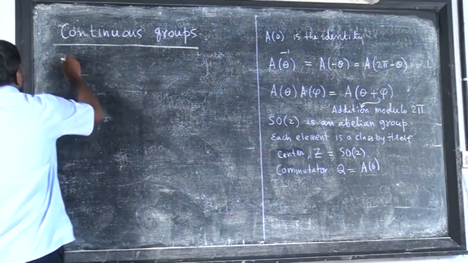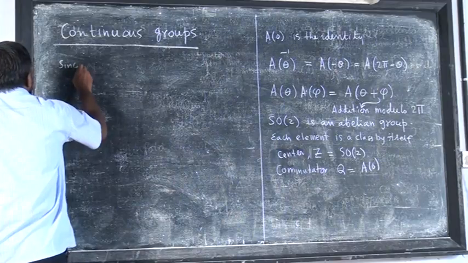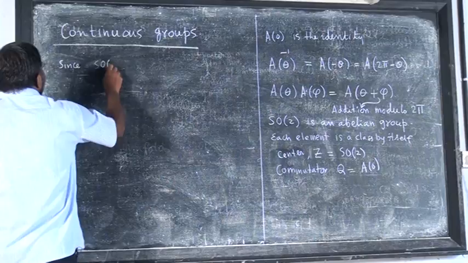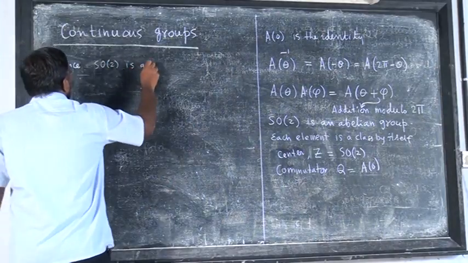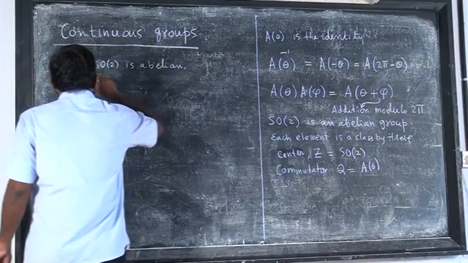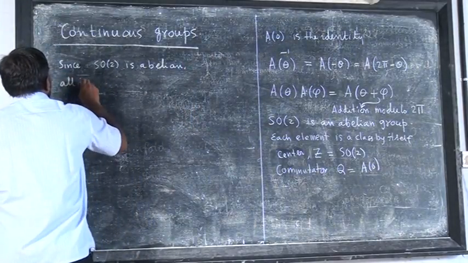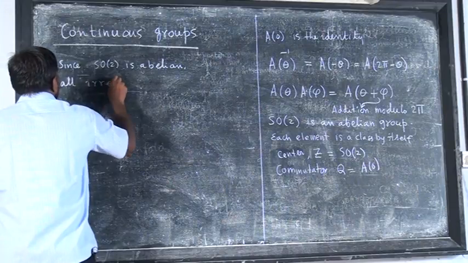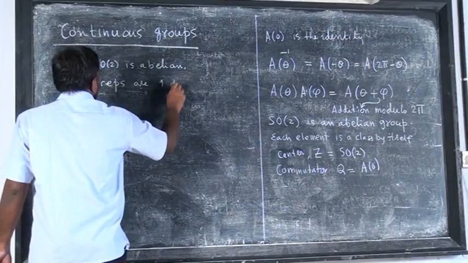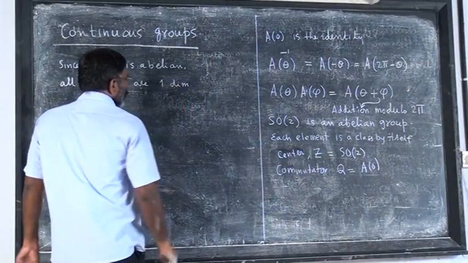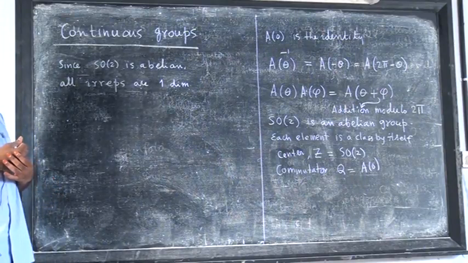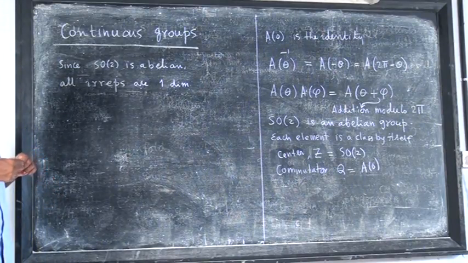Since SO2 is abelian, all irreducible representations are one-dimensional.